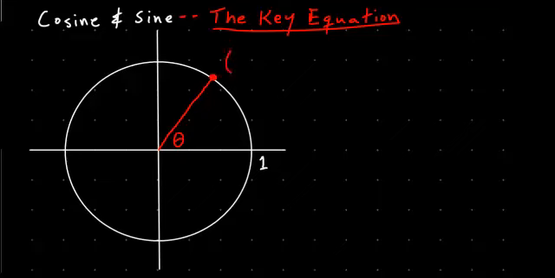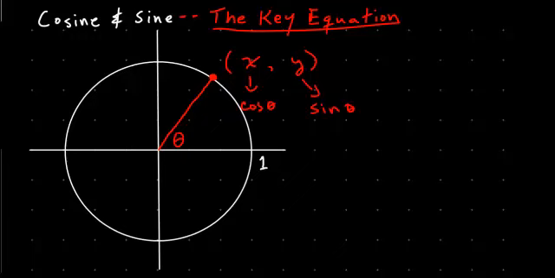That is some coordinate x and some coordinate y. And we know that the x is what we're going to call the cosine of theta, and that y is what we have defined to be the sine of theta. That's simply by definition. We call the x coordinate the cosine theta, the y coordinate the sine of theta.